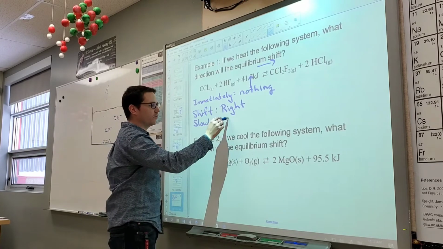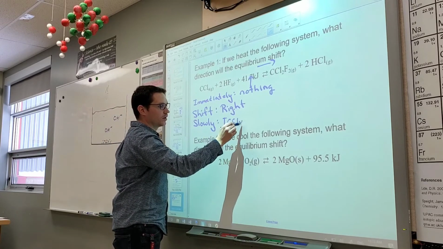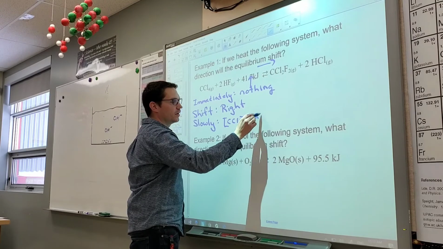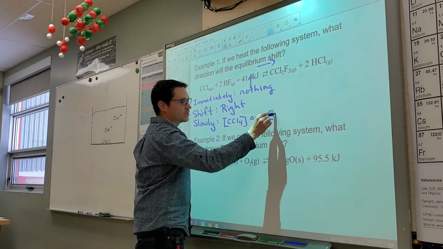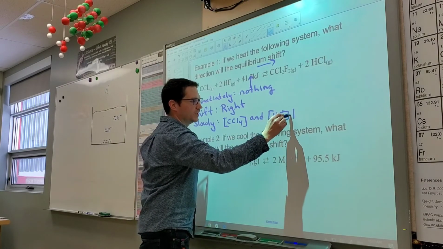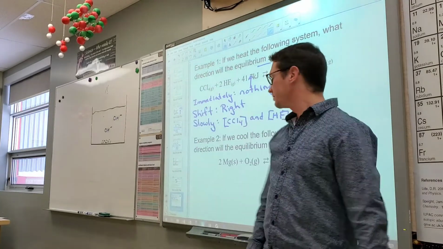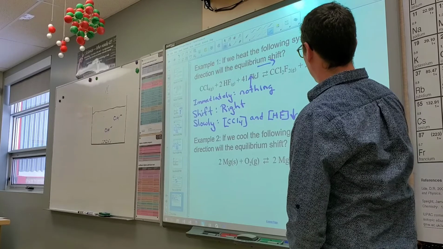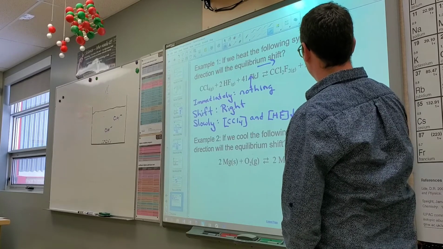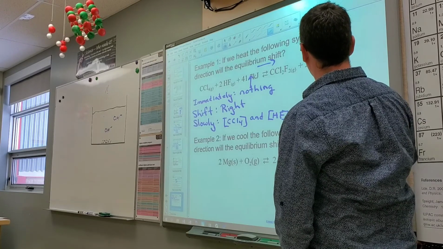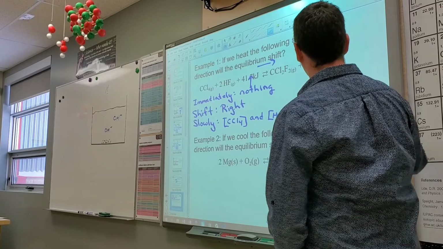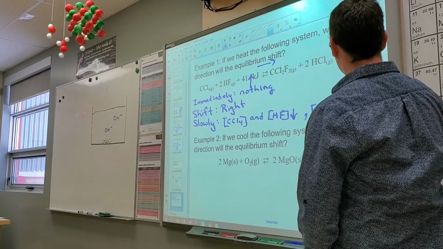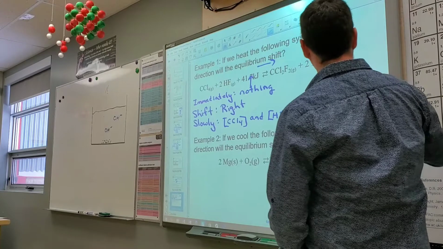So CCl4 and HF will decrease, comma, CCl2F2 and HCl will increase.